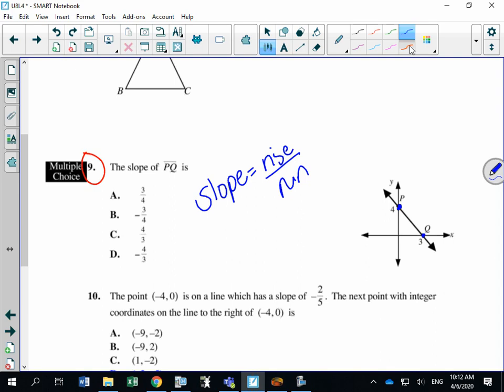So if I was to start at P, what's the fall that I need to do to get to Q? Well, if I'm at 4 and I'm going down to 0, I'm going to fall 4, right? So this would be falling 4. And then how much are you running if you're going from 0 to 3? You're running 3. So negative 4/3 would be your slope of that line.